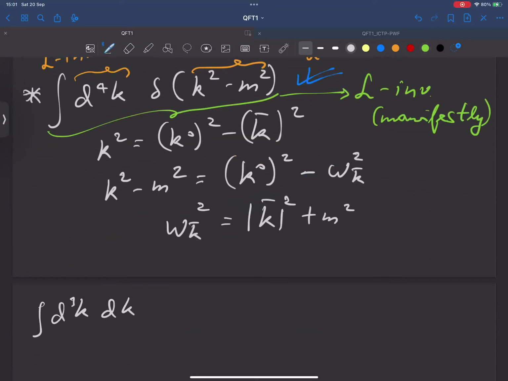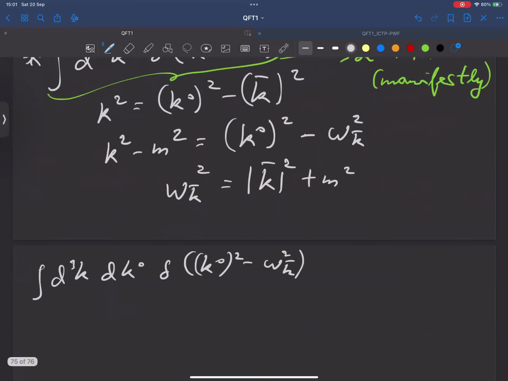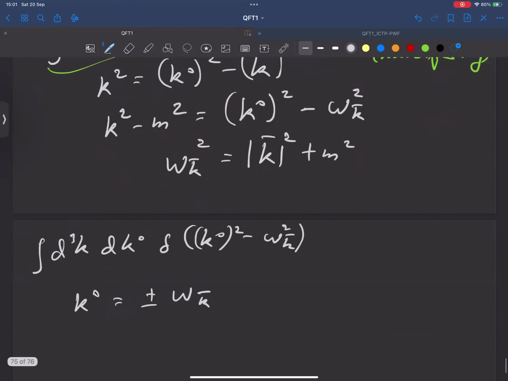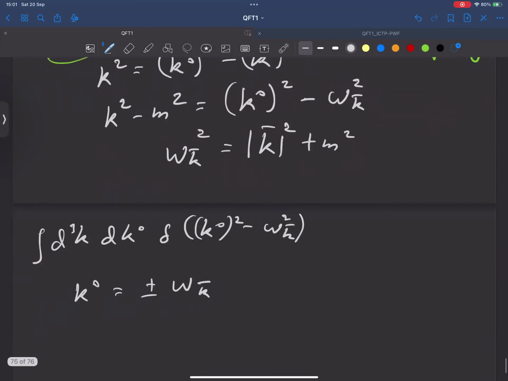So d3k, dk0, delta k0 square minus omega k square. Now you see the k0 will satisfy an equation plus minus omega k. So when you just take the square root, you will get two branches, the plus and the minus.